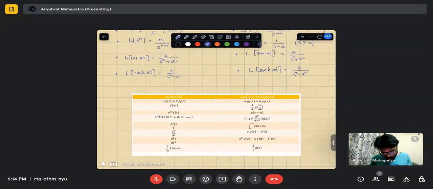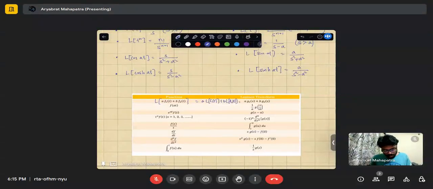These are some particular forms of functions given here in column one. When you apply the Laplace transform, it is basically a times the Laplace transform of f1 t plus b times the Laplace transform of f2 t.